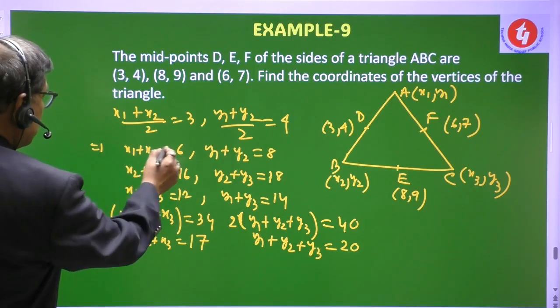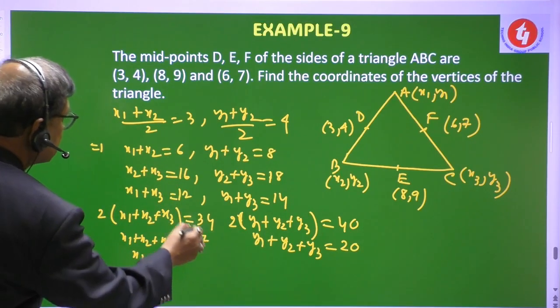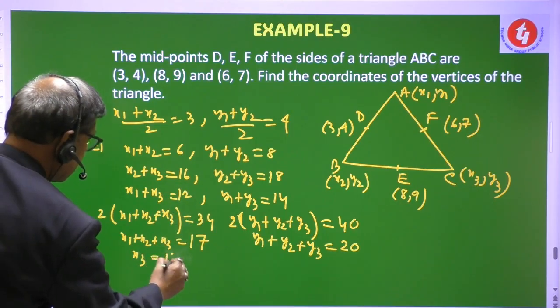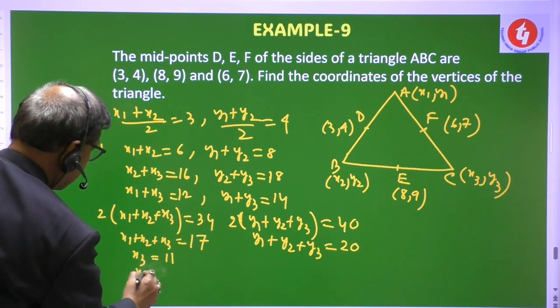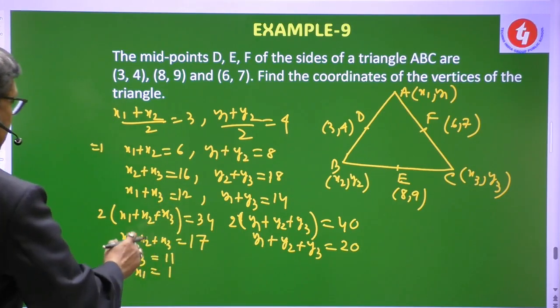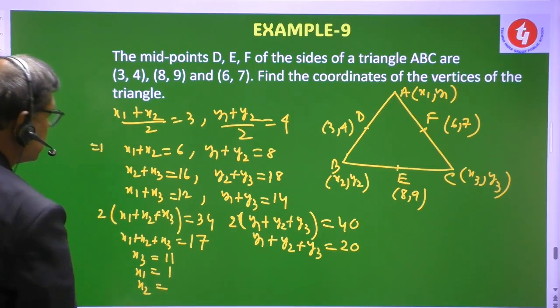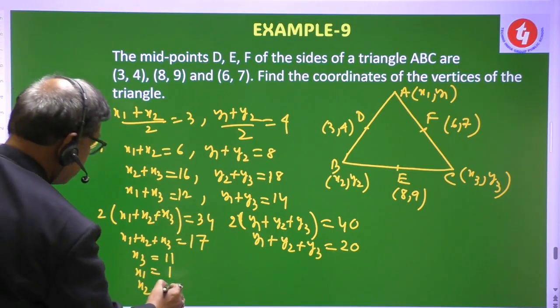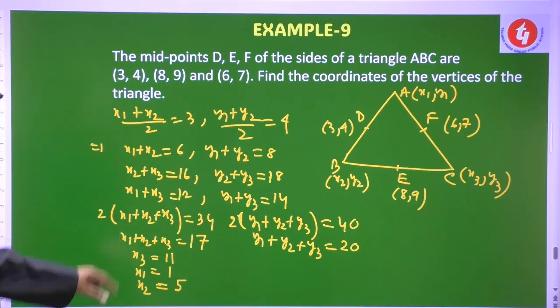So from this x1 plus x2 subtracting, we are getting x3 values 17 minus 6, 11. x2 plus x3 subtracting, will get x1, 17 minus 16, 1. And from this x1 plus x3 subtracting, we'll get x2, 17 minus 12 is 5. Yes, we got x1, x2, x3.